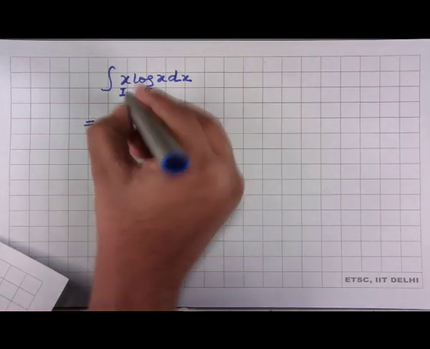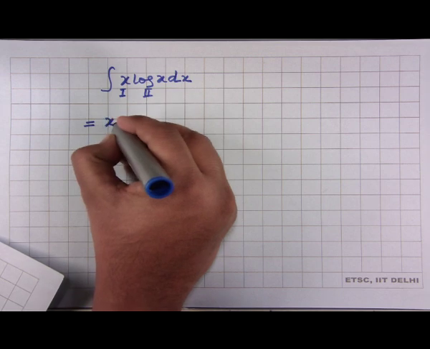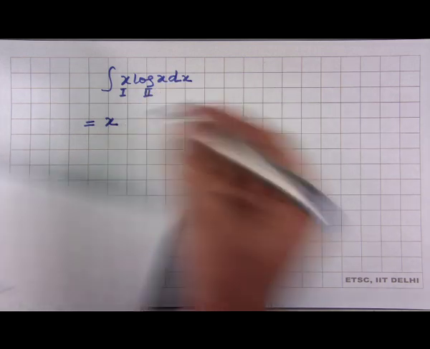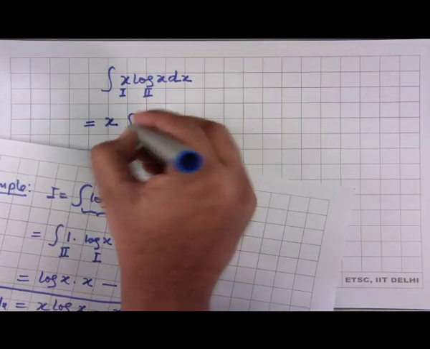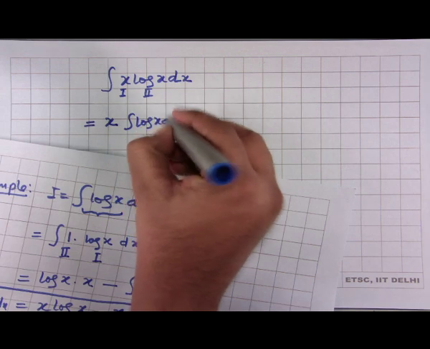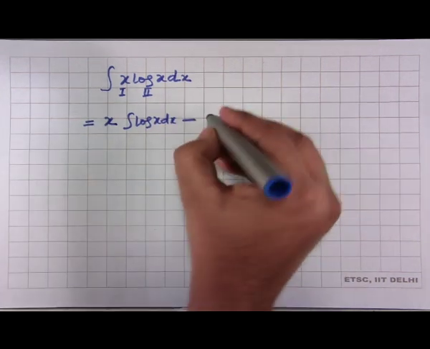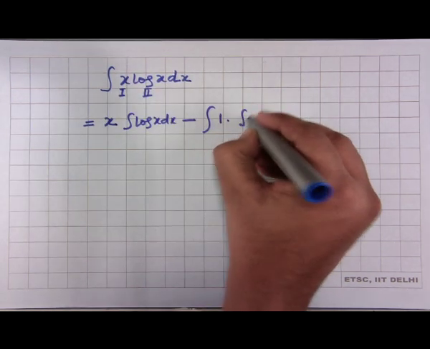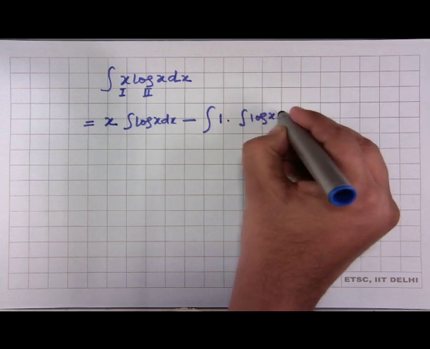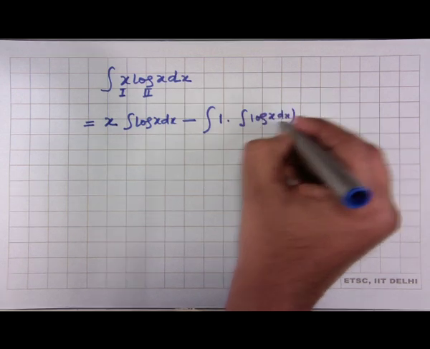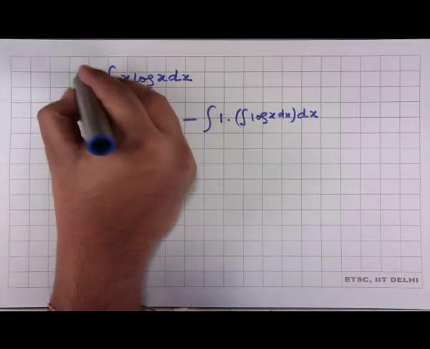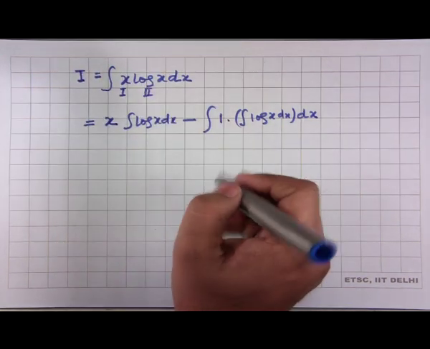This will lead me to x times the integration of log x, minus the integration of the differentiation of x, 1, times the integration of log x. Call this entire integral I.